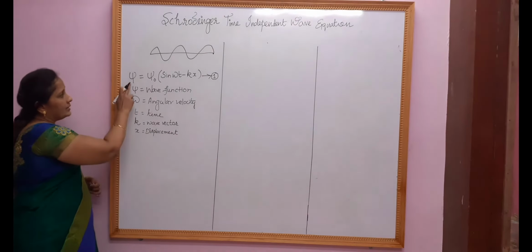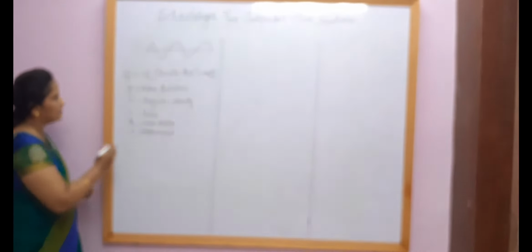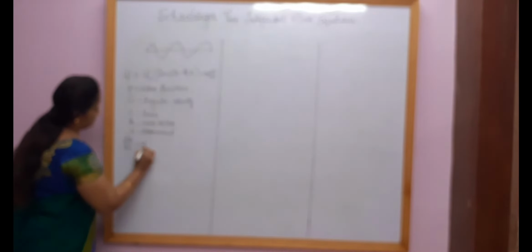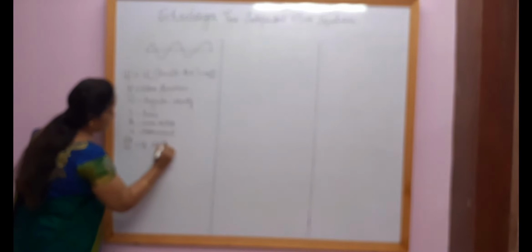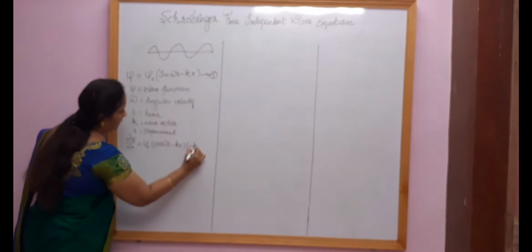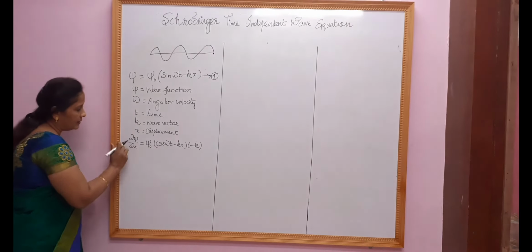Now let us differentiate this equation with respect to x. Dou psi by dou x is equal to psi 0 cos(omega t minus kx) into k. Let us differentiate again.